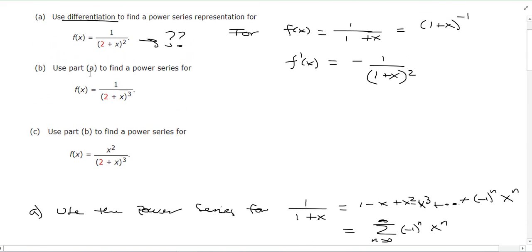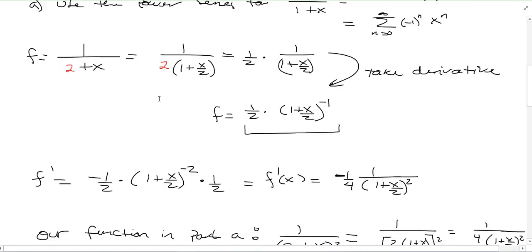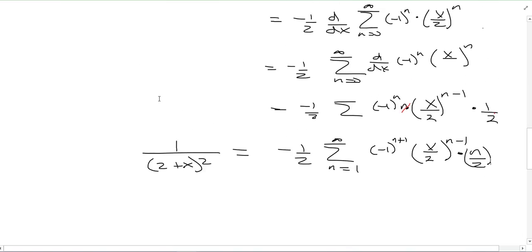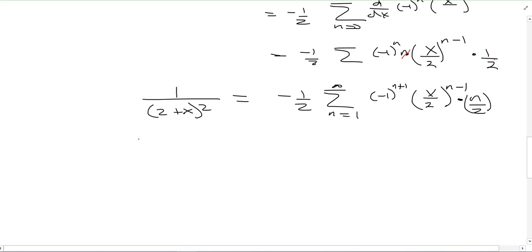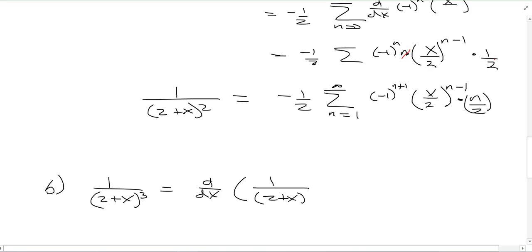So for part B, notice that we have the same thing. So now this is going to be the derivative of part A, so really the second derivative of the original power series. So now from here, for part B, notice that 1 over 2 plus x cubed is the derivative of this one. Except that when you take the derivative here, what do you get?